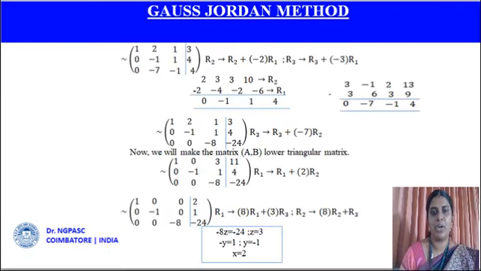First you have to bring it to the upper triangular matrix. The row operations done here are R2 plus minus 2 into R1, and R3 plus minus 3 into R1. So the upper triangular matrix is brought.